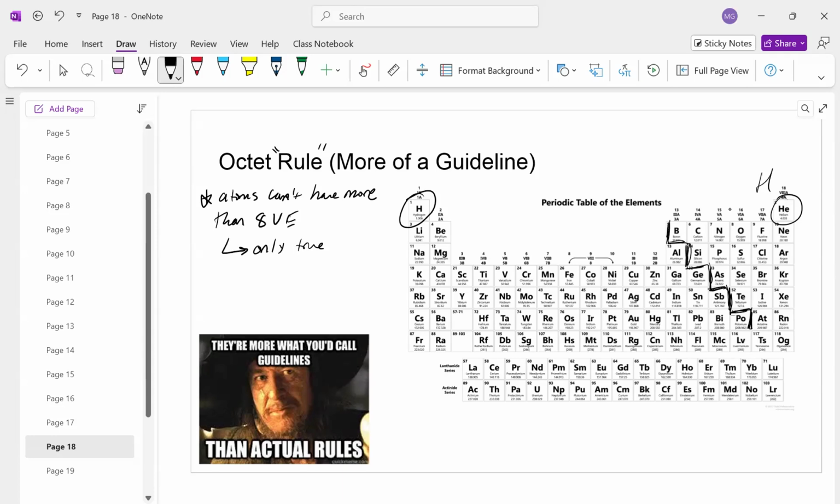And this no more than 8 valence electrons is only true for the second period, the second row: carbon, nitrogen, oxygen, fluorine, and neon. Now, I do want to back up and say I'm only talking about the non-metals here. Those are the ones that covalently bond.